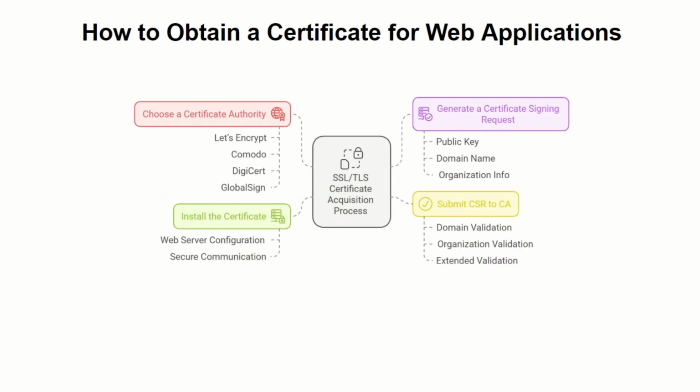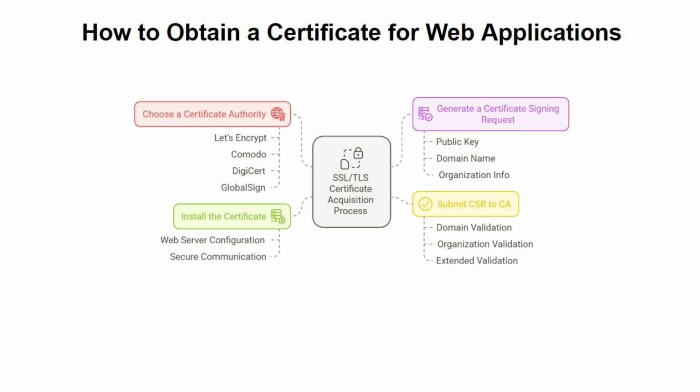So, how to obtain a certificate for your application? If it is for SSL, for a web application, choose a certificate authority; popular CAs include Let's Encrypt, Comodo, DigiCert, and others. Then create a CSR, a certificate signing request, on your web server, which includes your public key and details like your domain name and organization info.